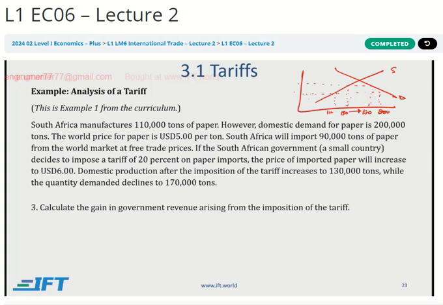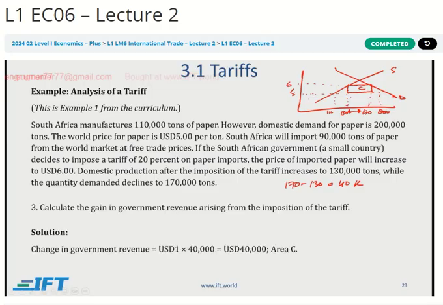This will be the imported one, which is between 130 and 170. And this box in the middle, which is your C, is going to be the revenue going to the government. So that is 170 minus 130 is 40k multiplied by that $1. So this should be 40,000 multiplied by 1, which is 40,000, which is C.